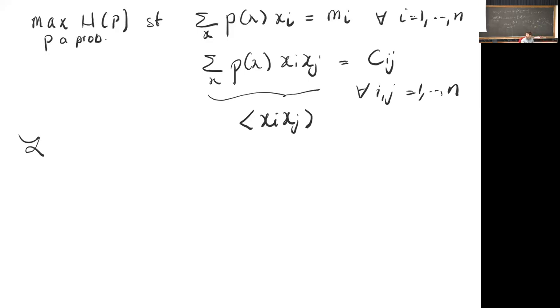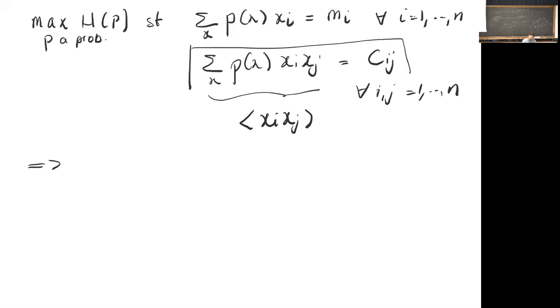What will I obtain now with these new constraints? We have an extra term, a summation over the coupled term. There will be another term in the exponential for the coupled term, so a summation over ij, and there will be another lambda, lambda ij, so one Lagrange multiplier per constraint like this.